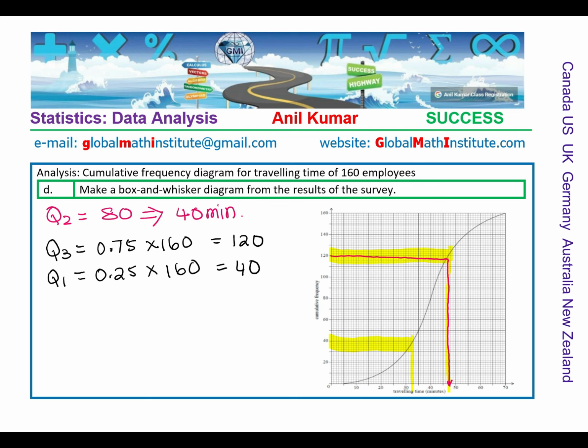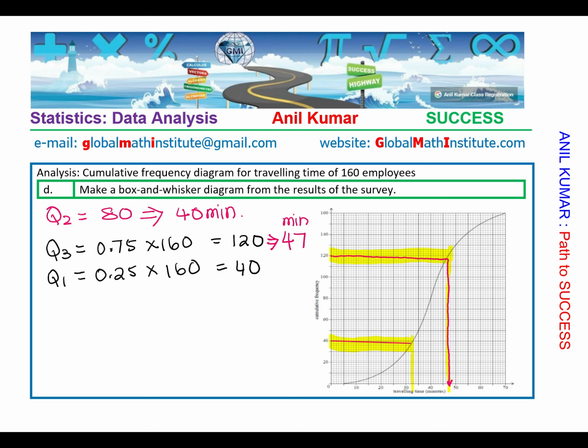So that value is slightly less than 50, and we can read this as almost 47. So Q3 can be read as 47. We are trying to find time in minutes. Is that clear? And now let's go with 40.